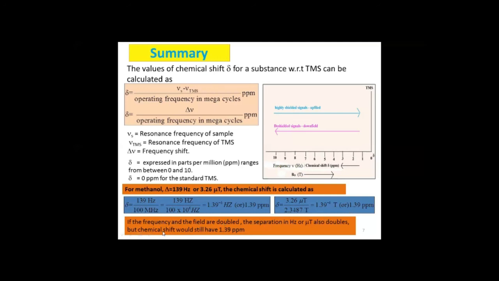So the chemical shift will never change; it will still be 1.39 ppm. So you can vary the frequency or you can vary the applied field strength, but the representation of the shifts is done using chemical shift values, which remain the same.